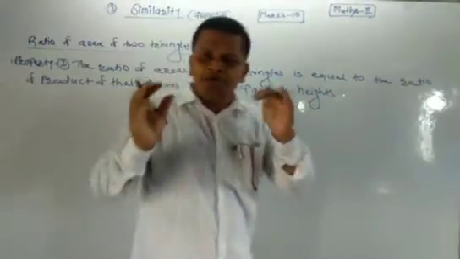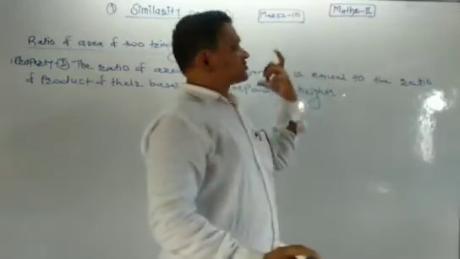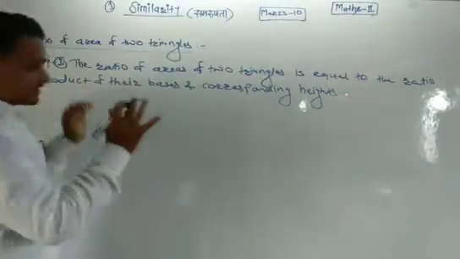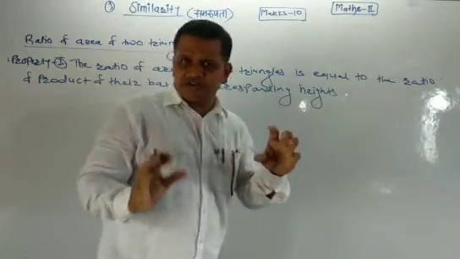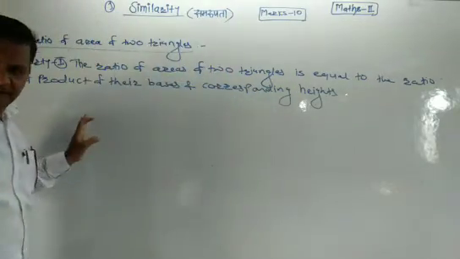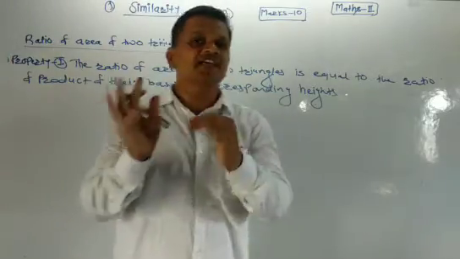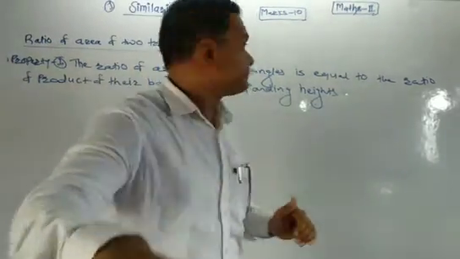Now I am going to write the proof of this statement. To write the proof, we must first read the statement, then draw the figure, and then write the given, to prove, and proof. Understand?